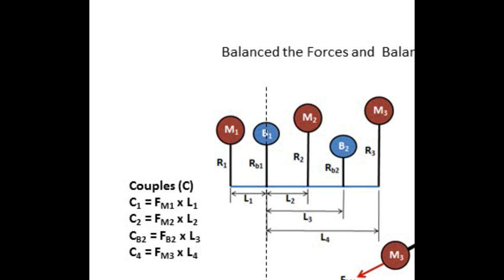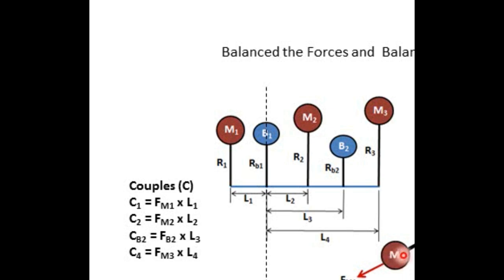Because in our scenario, we know the mass m1. If we know the mass m1 and r1 is known, then we can have a known value of Fm1. Also, mass m2 is known, and the radial distance from the axis of rotation is known, therefore Fm2 is known.